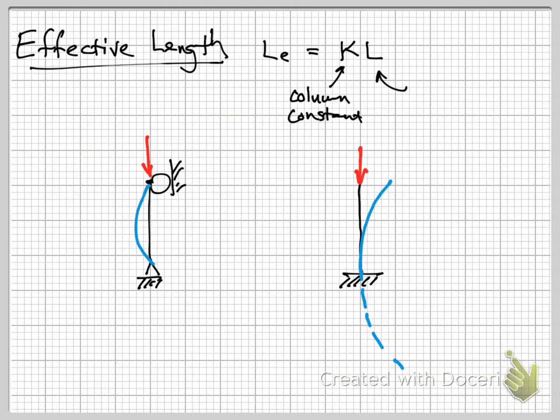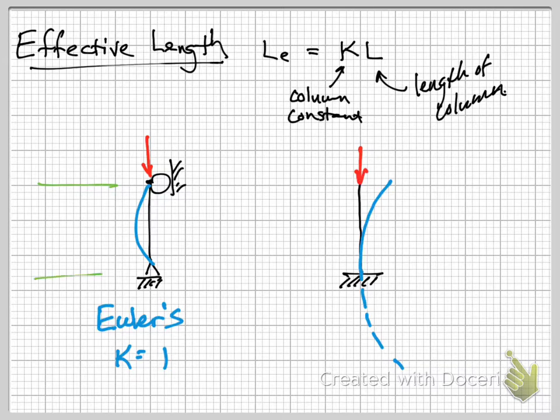And so we'll start with effective length, where we do in fact define effective length as the column constant times the length of the column, as a modification of that column to account for the behavior from the difference in end conditions. When we started with Euler's assumed column and we loaded it, we found the half wave, shown in blue here, to be one length of the column in our case for this example.